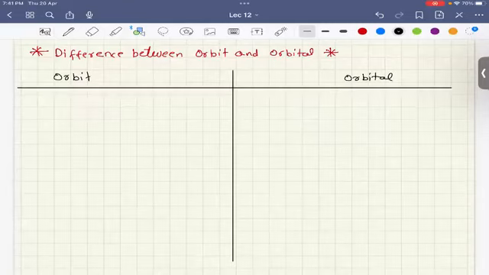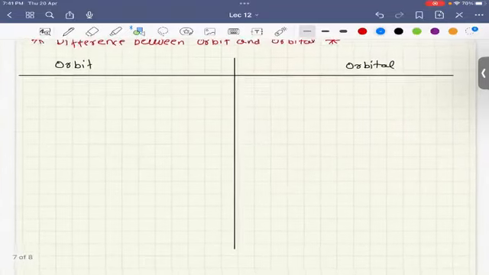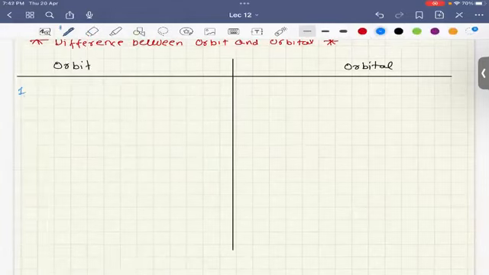Okay. The first point is: orbit is a well-defined circular path around the nucleus in which an electron revolves, whereas orbital represents the region in space around the nucleus in which the probability of finding the electron is maximum. Right?